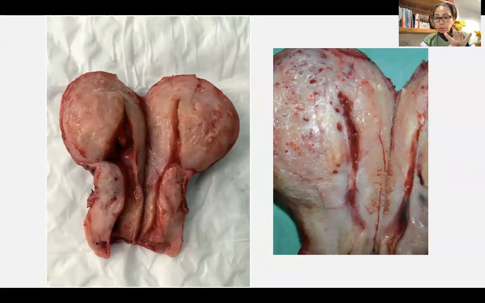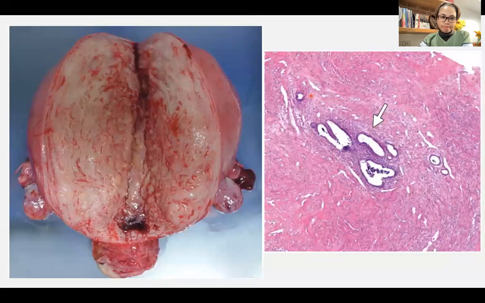So this is diffuse posterior adenomyosis: globular uterus, spongy myometrium. And under the microscope, we can see ectopic endometrial glands. So these are the endometrial glands, and this area is the endometrial stroma.